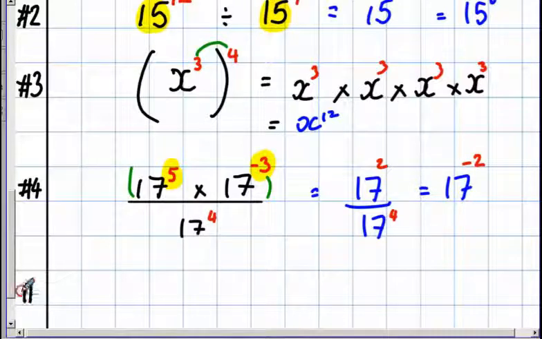And our last example, here we go. I'll use letters again, because they stand basically for any number. Here's where they're really trying to catch you out.